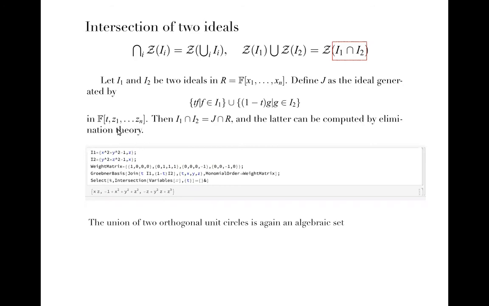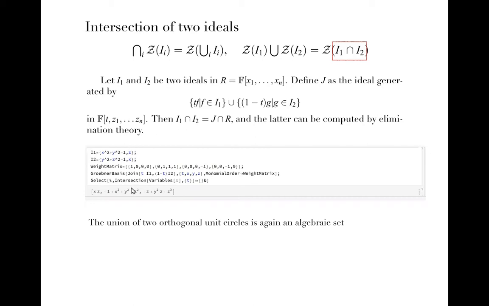Then the intersection is obtained by eliminating the t variable in this bigger ring. What is still left are the generating polynomials for the intersection of I1 and I2.